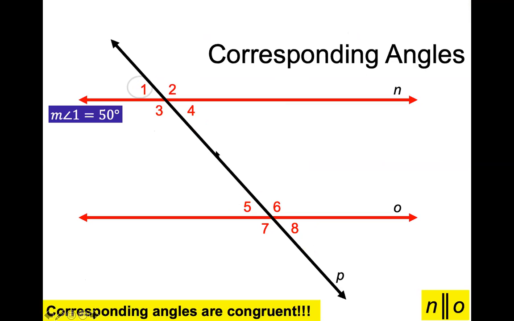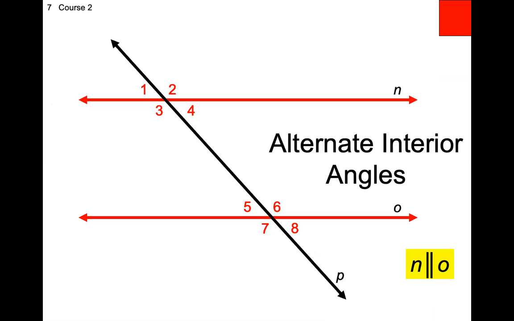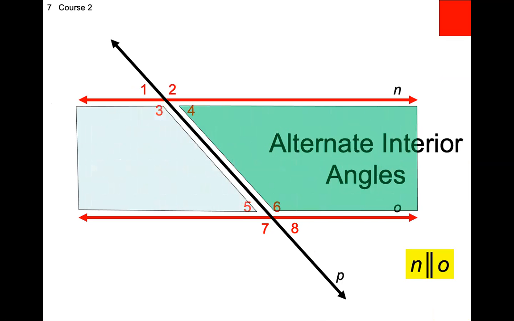Okay, the other one that we dealt with was alternate interior angles. Alternate interior angles are the angles between the two parallel lines that alternate. From top, it goes to bottom. From the left side, it goes to the right side. So angles 3 and 6 alternate. 3 is on the top, 6 is on the bottom.